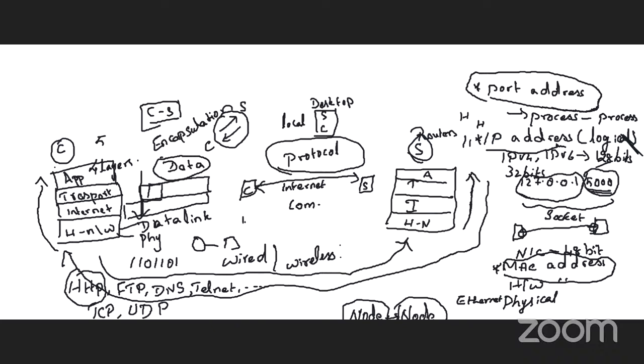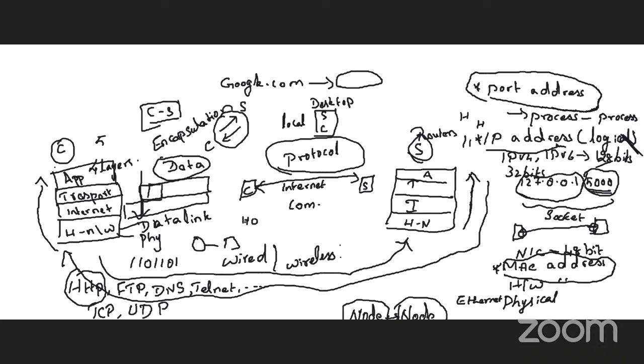For example, if you are typing google.com, this is the domain name for the corresponding Google server. But while sending the request, it will convert it into the IP address of the corresponding server, right? So while you type www.google.com and press enter, if you see the status bar, you can see the corresponding IP address of that web server.